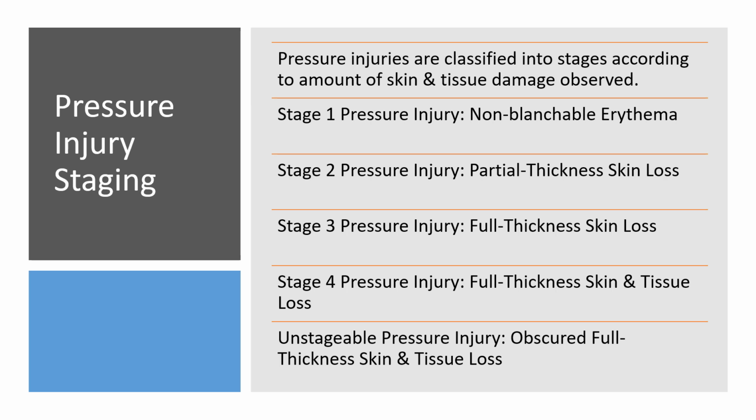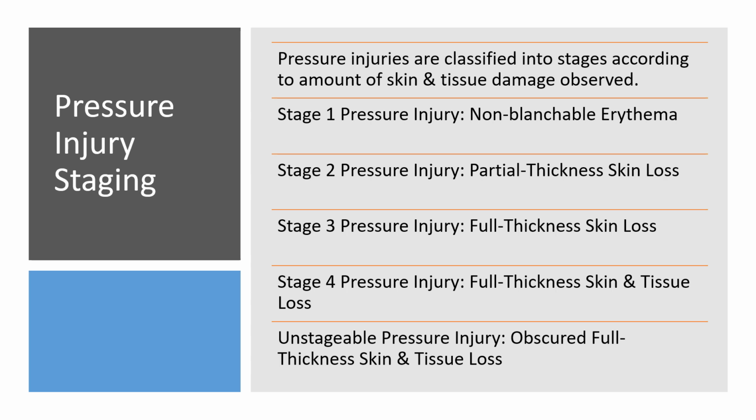Slough is a yellow, stringy, non-viable tissue that can be found in a wound base, or there may be eschar present. Eschar is hard, non-viable, black or brown tissue. Often when the eschar is removed, the wound will reveal either a stage 3 or a stage 4 pressure injury.